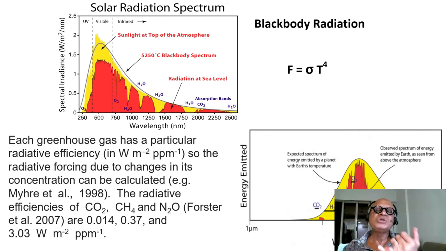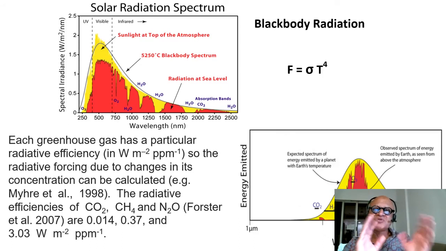So the concentration of the gases matters, their residence time, or how long they stay in the atmosphere, matters, and their greenhouse warming potential matters. For example, CO2 has residence times of multiple centuries. Methane has on the order of 12 years, and N2O I think is a couple of 100 years.